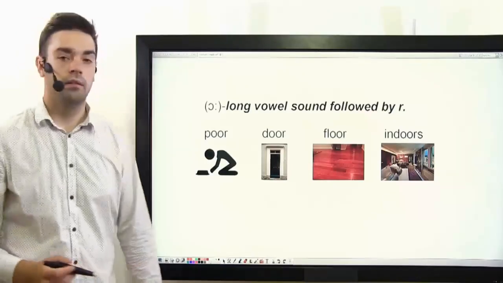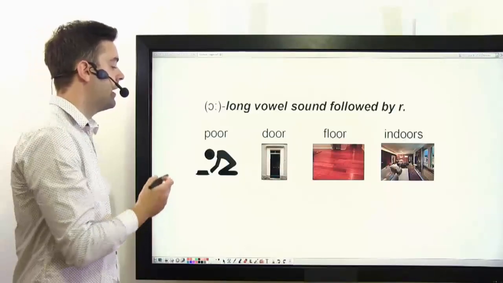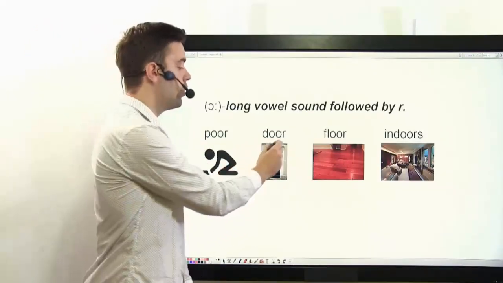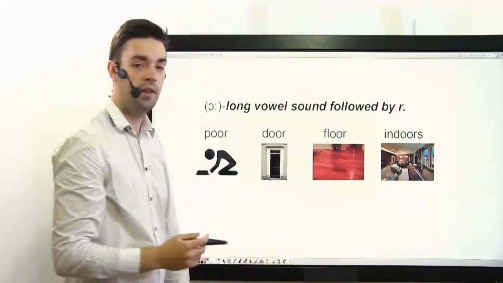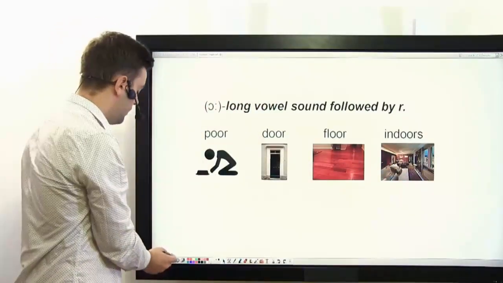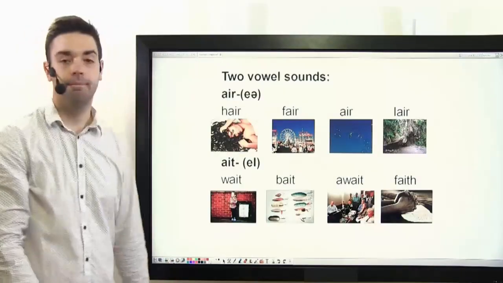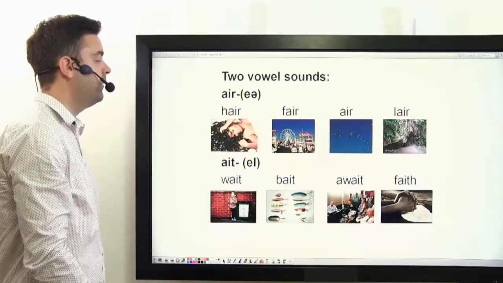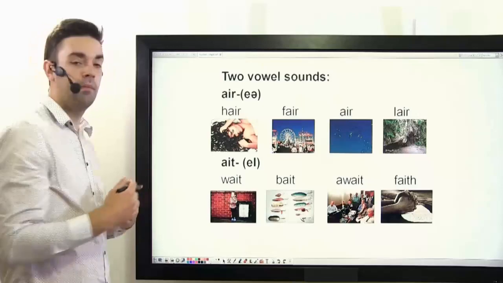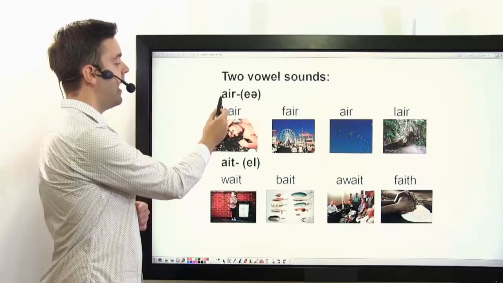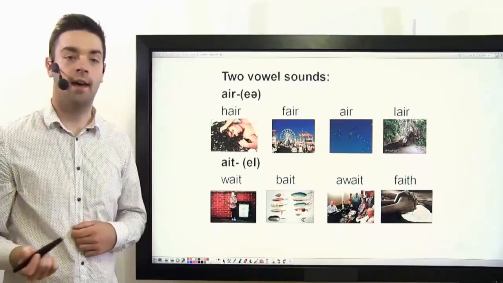We can also get long vowel sounds followed by an R. So we get paw, door, floor, indoors. So this one's an or noise. Okay, so when we've got more than one vowel sound in a word, you get more complex ones, such as A-I-R is air, air.